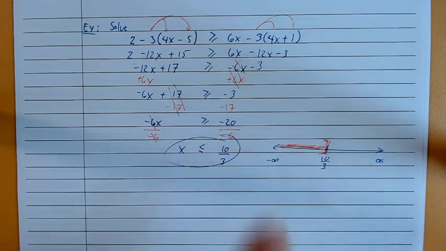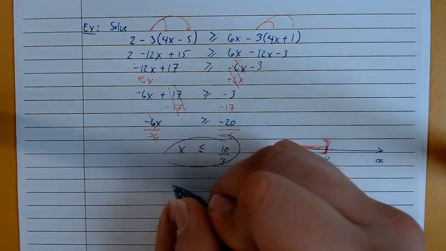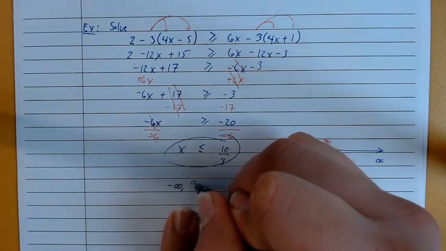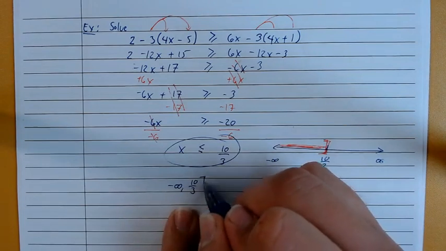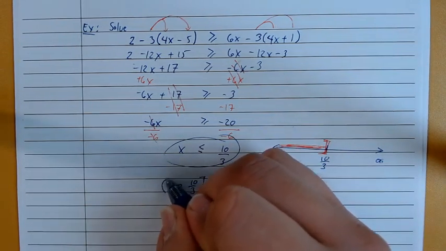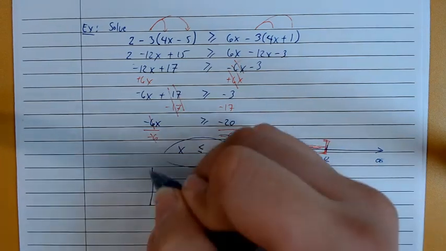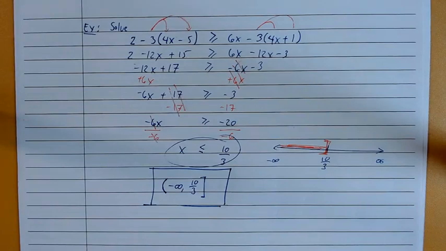So now from this illustration, we can write out our interval notation. This is negative infinity up to 10/3. We have a square bracket on the right around the 10/3, but on the left around the infinity, we always have parentheses around infinities. So that is our solution written in interval notation.